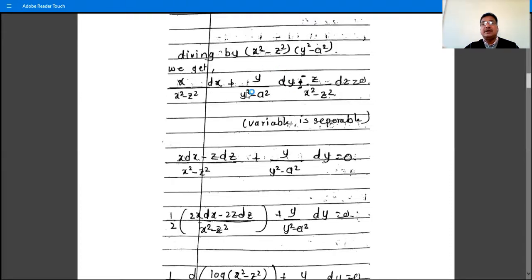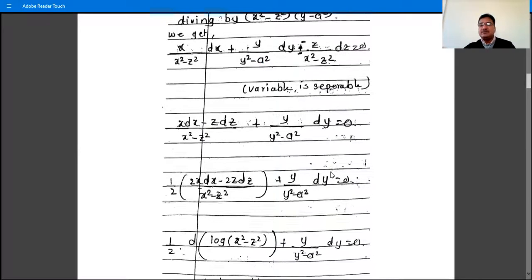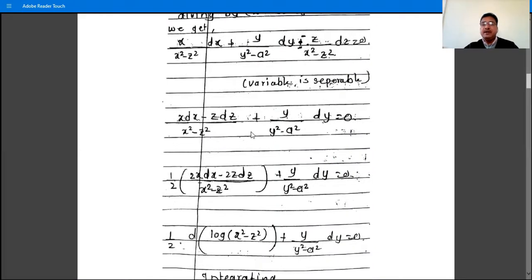So for the two terms x by (x square minus z square) dx and minus z by (x square minus z square) dz, take x square minus z square as the LCM. So we have (x dx minus z dz) divided by (x square minus z square) plus y by (y square minus a square) dy is equal to 0. So this is the one variable separable differential equation, where the y variable is separated in this Pfaffian differential equation.